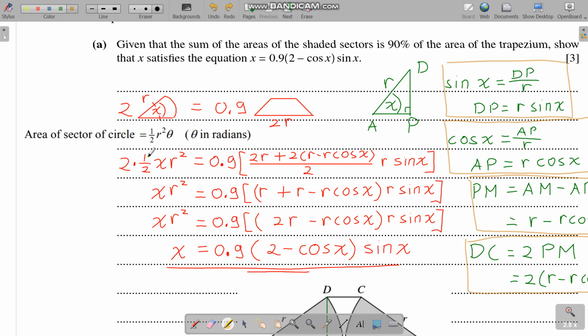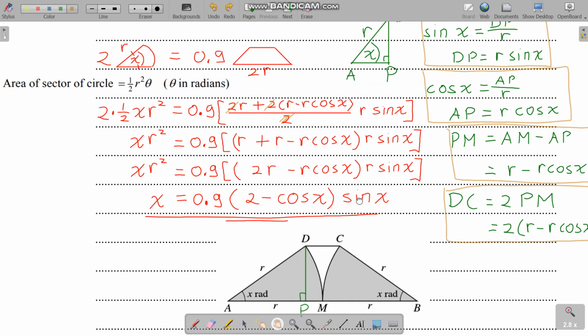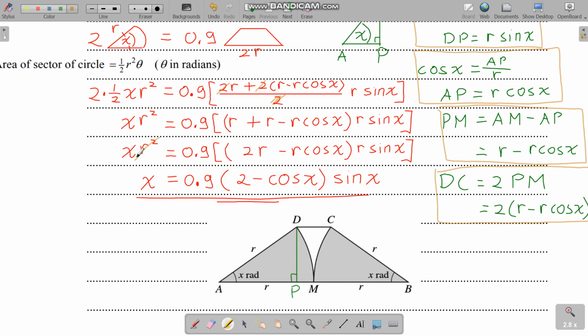And if we divide by 2 here, we have only r plus (r minus r cos x). r plus r is 2r. We can divide both sides by r squared, so r squared cancels out. And this is r times r, so also r squared, they all cancel out. We have only (2 minus cos x) in the brackets times sine x, which is what we need to prove.